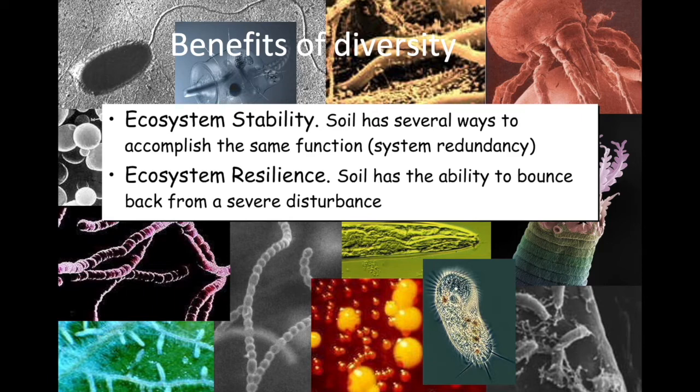For resilience, soil has the ability to bounce back from a severe disturbance. Because of these microorganisms, this stability and resilience is achieved, and therefore it could support the life of plants in that particular land or area.